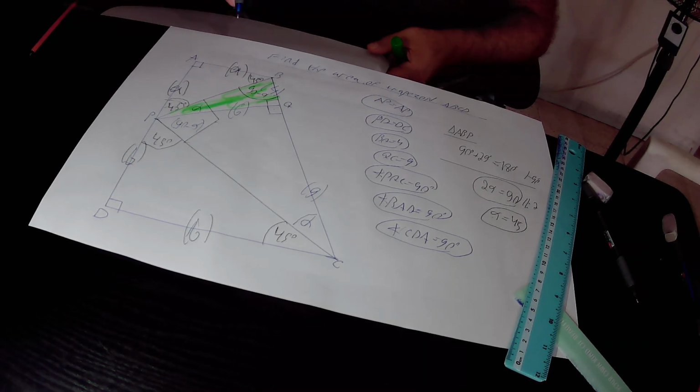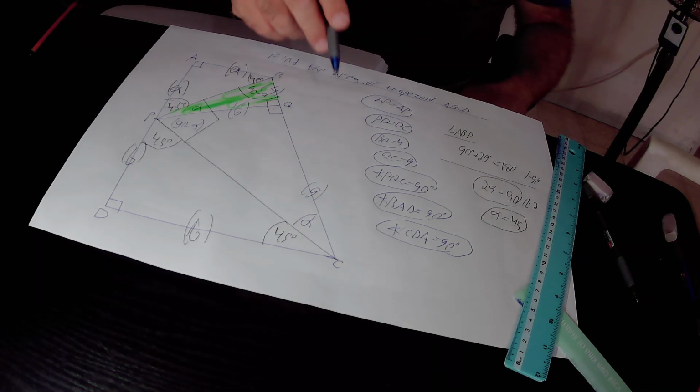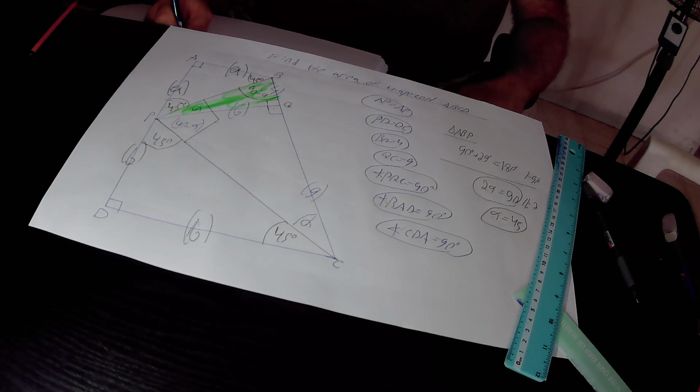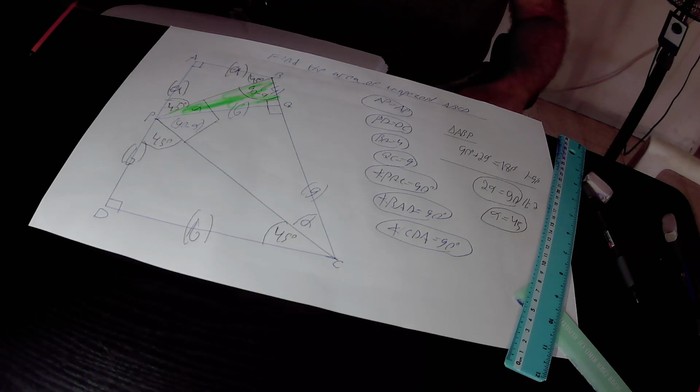Plus the area of the second component, the big right triangle PBC. Plus the area of the third component, the right triangle PDC.